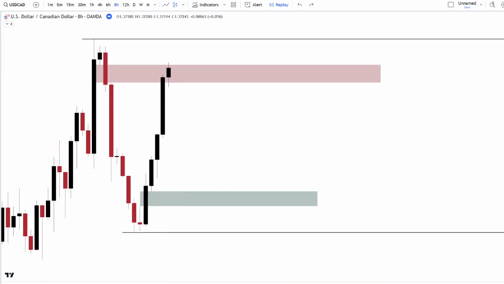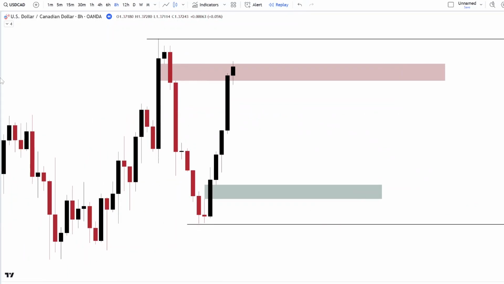So what happened here? Price completed. Now, another thing to keep in mind here is that you don't want your fair value gap to, even if it wicks out, you don't want it to wick out above your structure or even above the initiation of your fair value gap. That would negate the trade. You'd want to keep it right below.